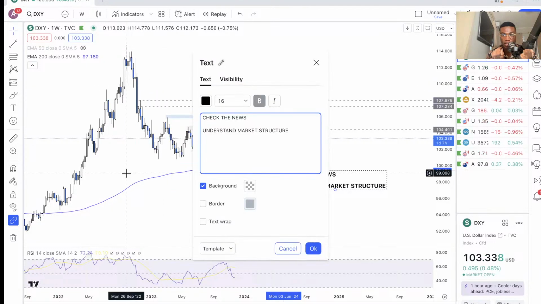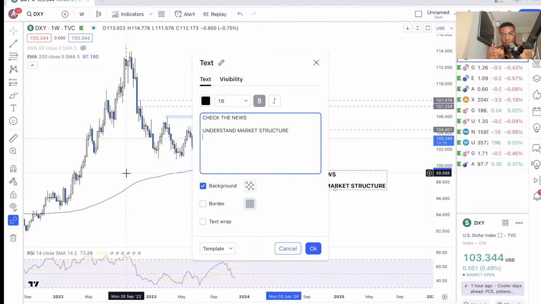So you want to be able to identify patterns, identify trends, the overall trend of the market, identify if the market is ranging, if it's consolidating, identify supply and demand zones. We're going to do that. The essence of understanding market structure is to identify the overall direction of the market, to understand what the market is doing at any given time.